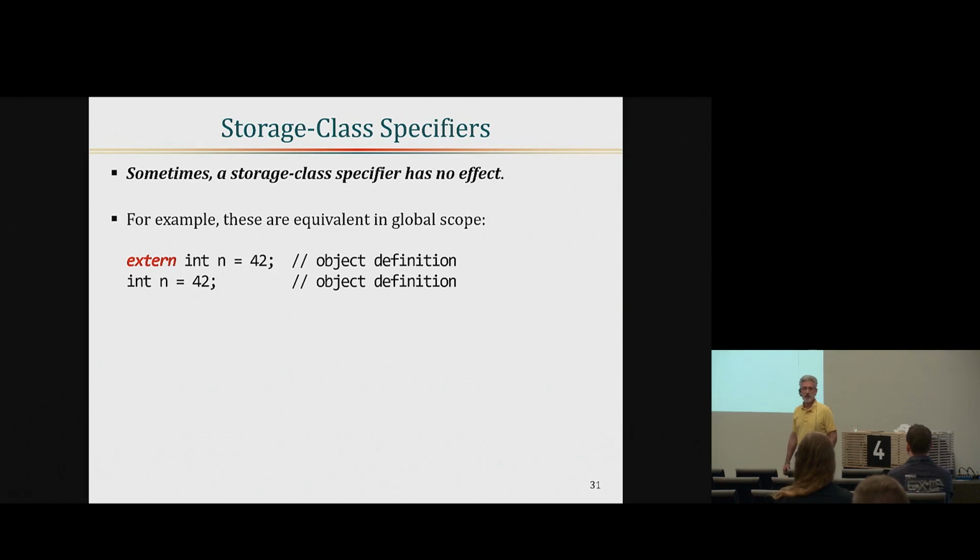Now, there are contexts in which the presence or absence of a particular keyword has no effect. Those two are the same thing. Add or remove that extern, the program's behavior doesn't change at all. And this is true for both C and C++. In both cases, that is defining an object named n, whose initial value is 42. And if this appears at global scope, or namespace scope in C++, they behave exactly the same.